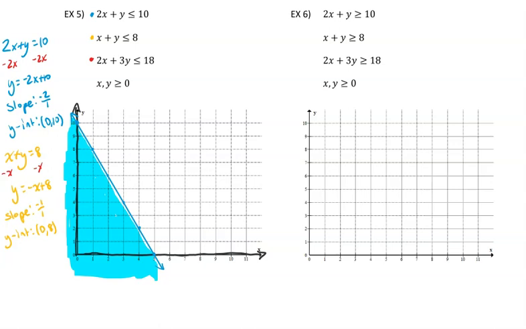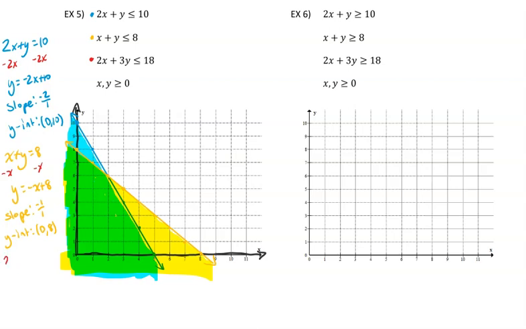So let's go up to 8, put a point, and we go down 1 over 1, and draw our line through it. All right, again, less than or equal to, so that is below. That's our second one done.